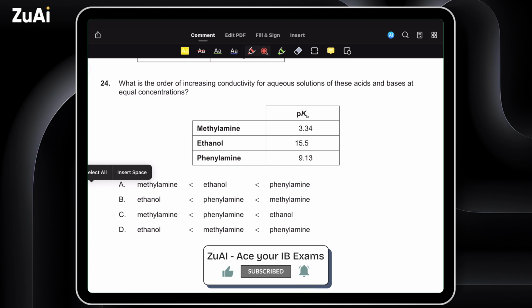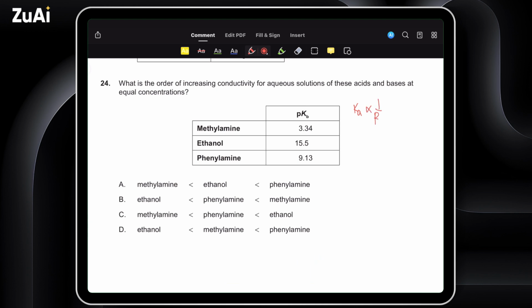So you know, Ka is inversely related to pKa, and when Ka is higher, the strength of the acid is higher, then it dissociates quickly, it conducts quickly.